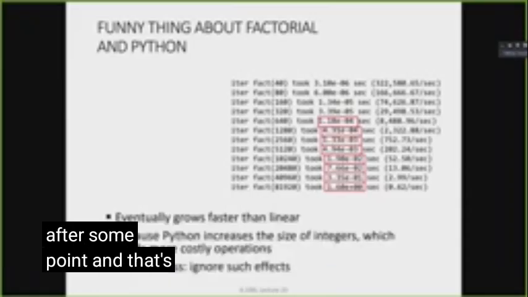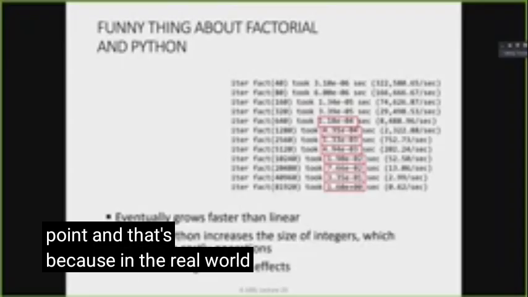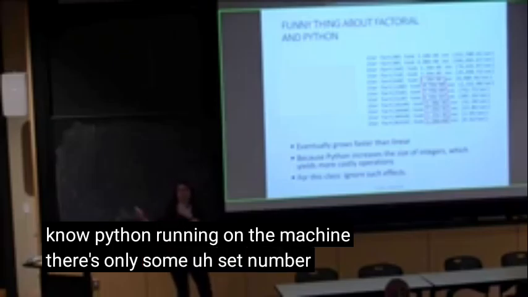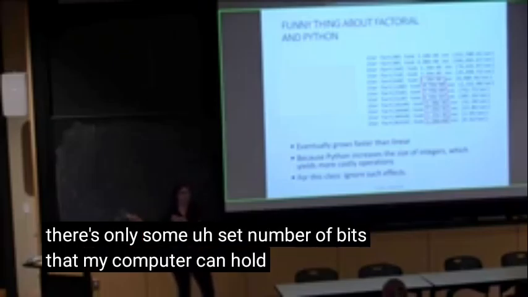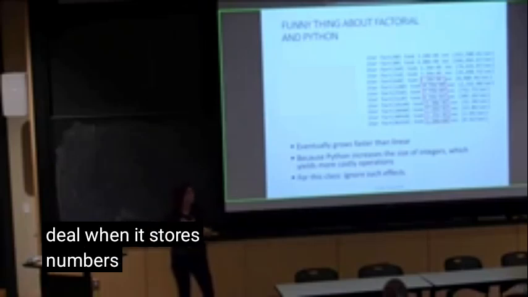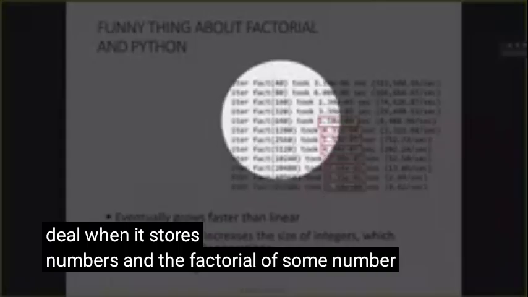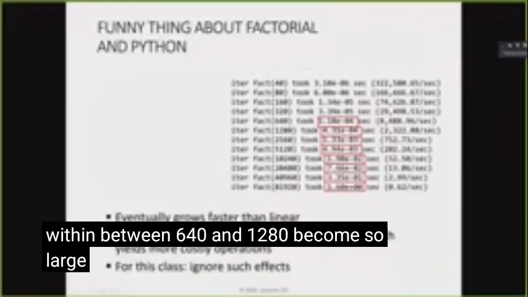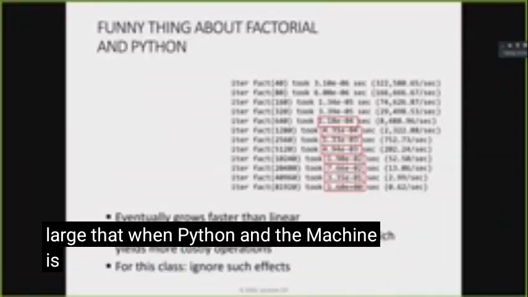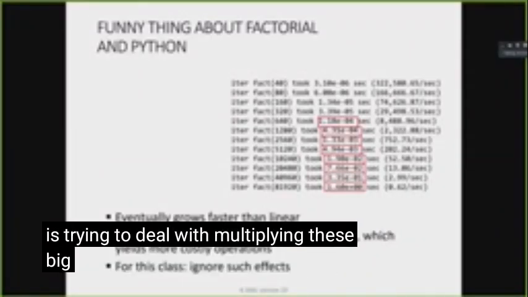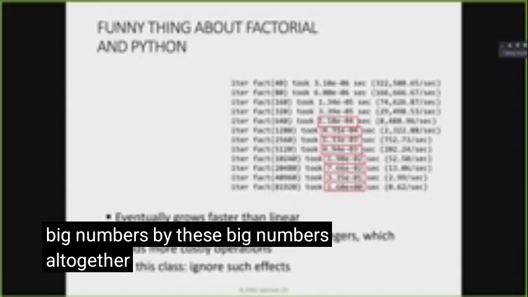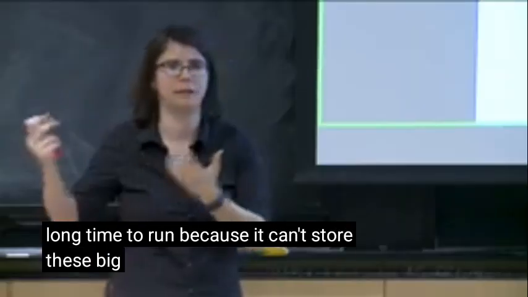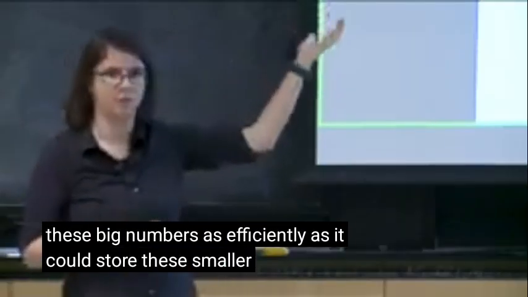And that's because in the real world, I've got Python running on the machine. There's only some set number of bits that my computer can hold when it stores numbers. And the factorial of some number between 640 and 1280 becomes so large that when Python and the machine are trying to multiply these big numbers by these big numbers, it's taking a really long time to run, because it can't store these big numbers as efficiently as it could store smaller numbers.